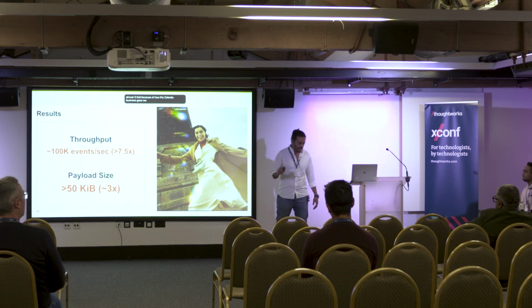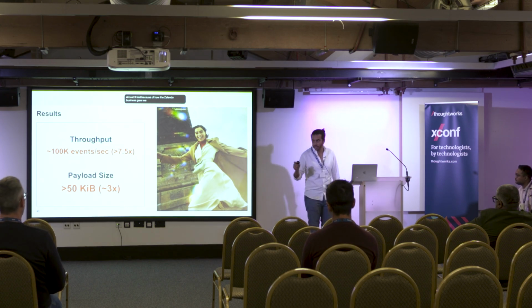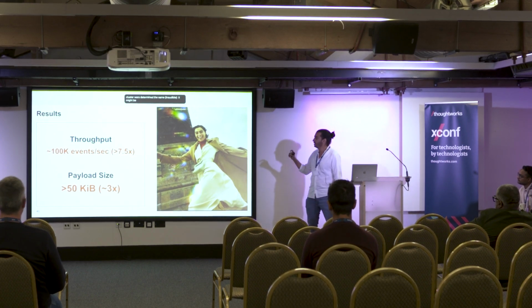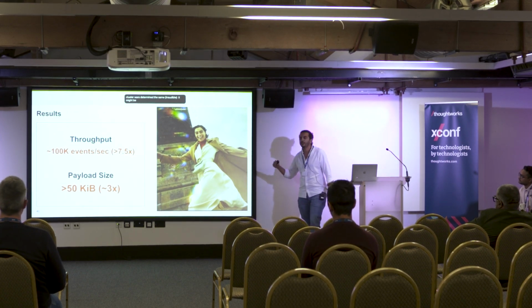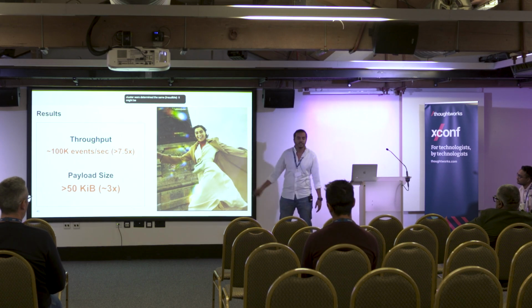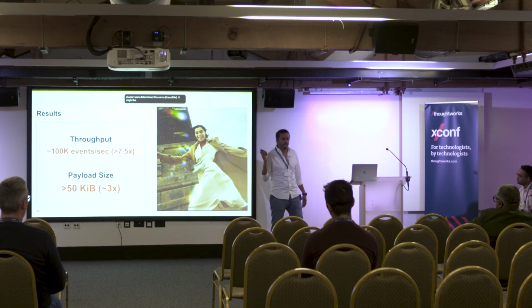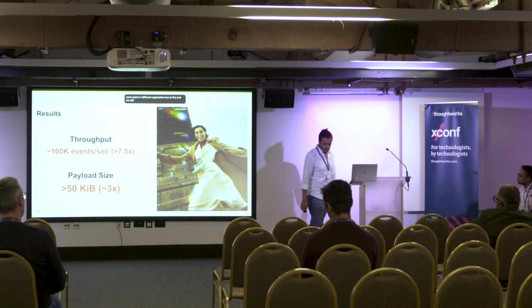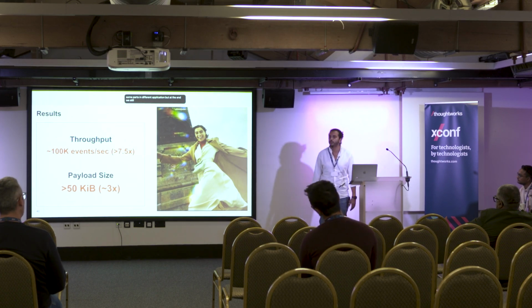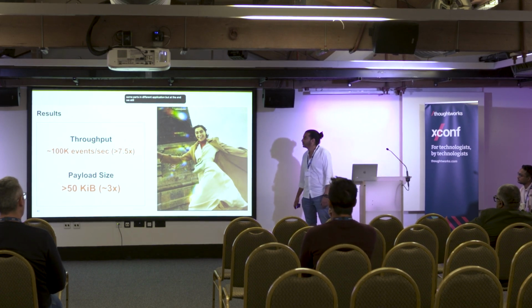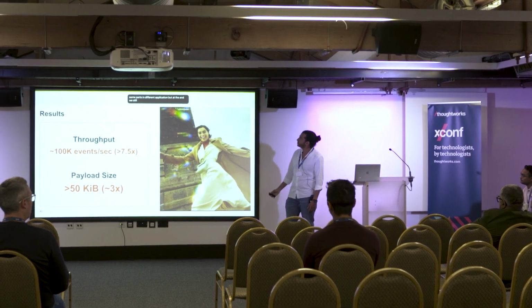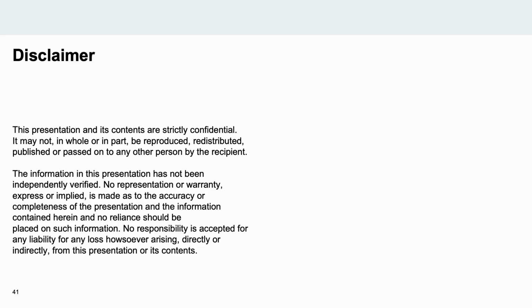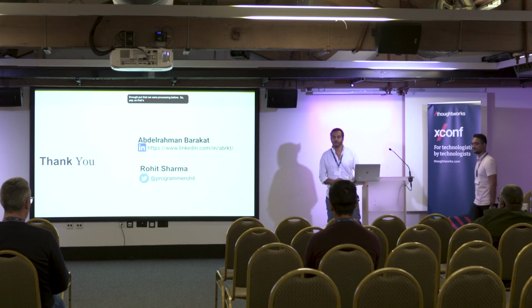There might be some hiccups at the beginning in different applications, but at the end we still managed to process almost 20 times the data throughput that we were processing before. So yeah, that's all the story that we wanted to share with you, and thank you for being here.